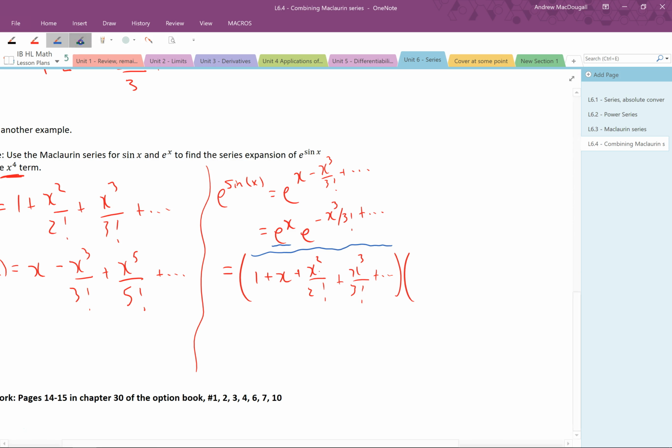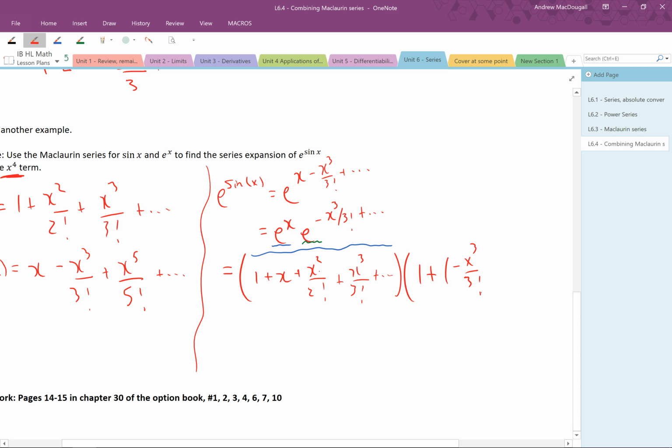And in green, let's do this. So this is actually also a composite function. This is the series I just wrote out, but instead of writing x, I'm going to substitute negative x cubed over 3 factorial. So what does that end up looking like? Well, 1 doesn't change. If I plug in, instead of an x, I now have a negative x cubed over 3 factorial.